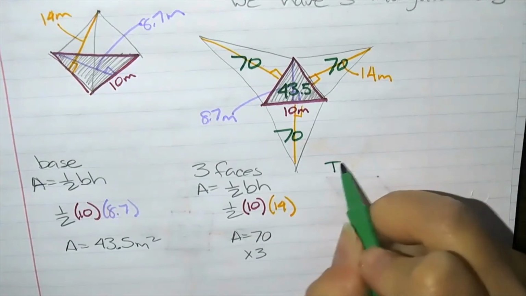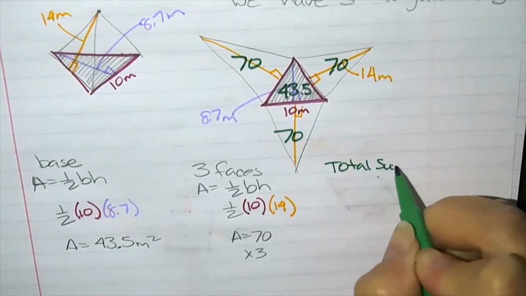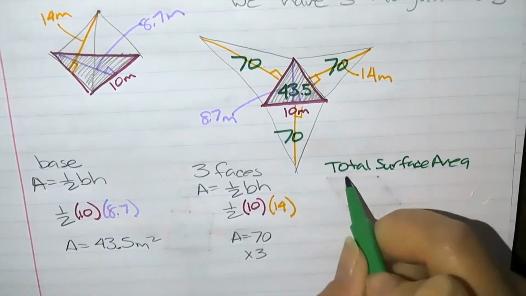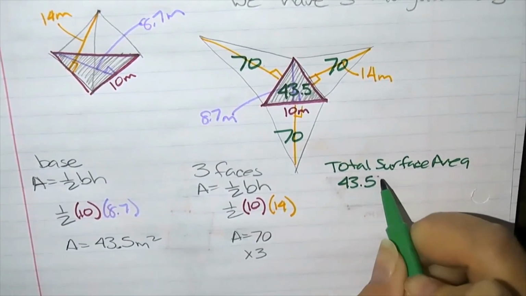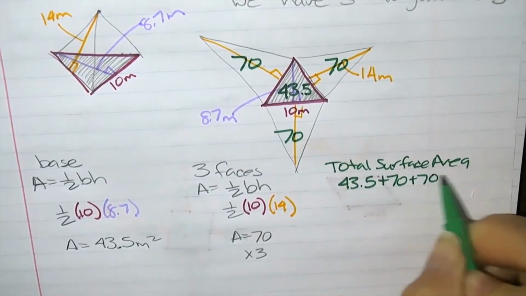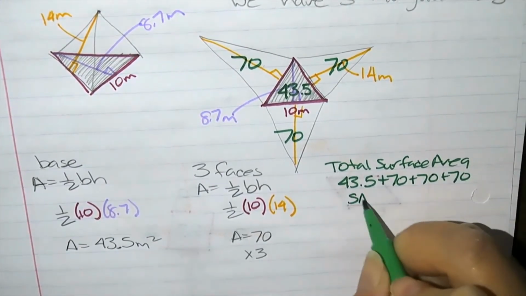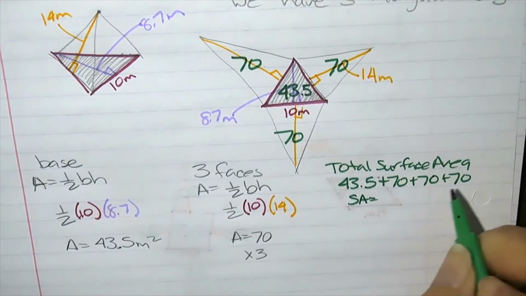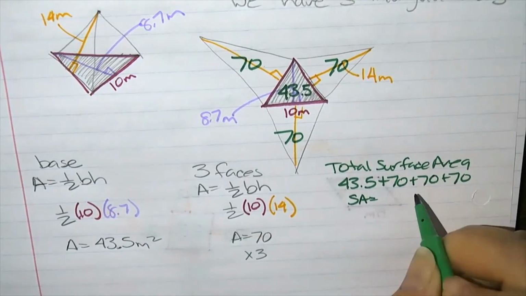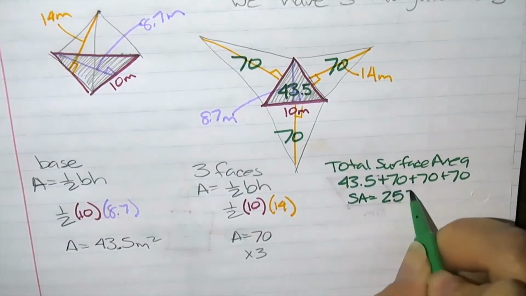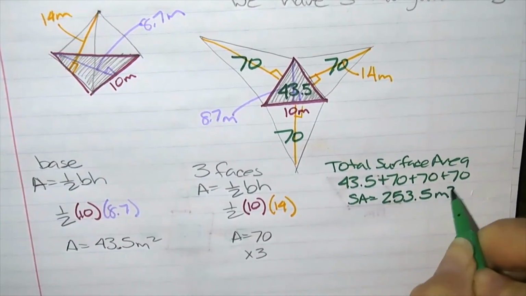Now I can figure out my total surface area. It is the base plus each face. So my surface area, 70, that's 210, plus 43.5 is 253.5 meters squared.